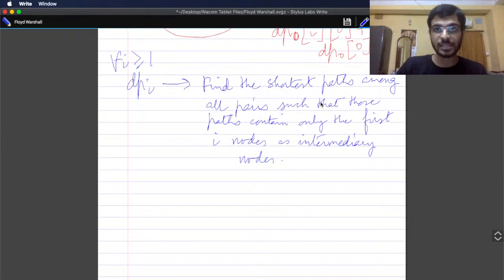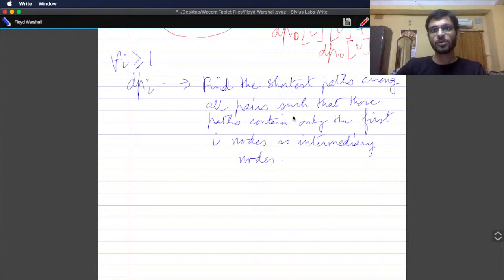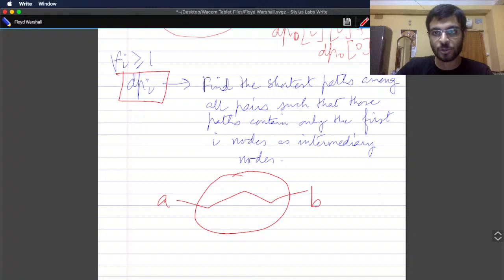I'm sorry for my handwriting, but I hope it is legible. So what we are saying is that at the ith state of this dp, from any particular vertex a to b, I'll be finding the shortest path such that all these nodes will lie in my first I nodes.